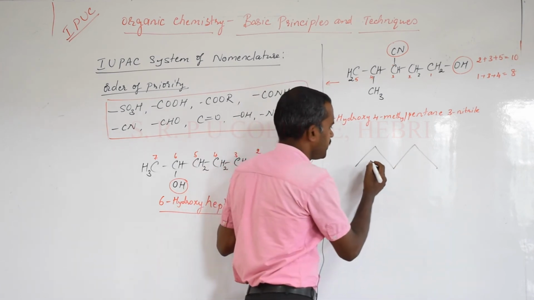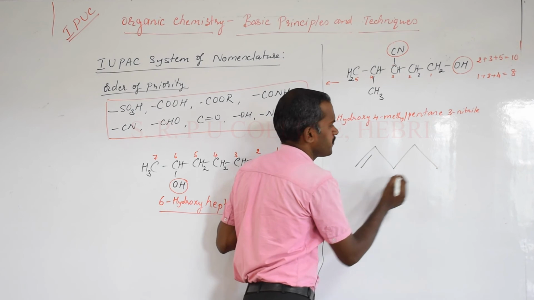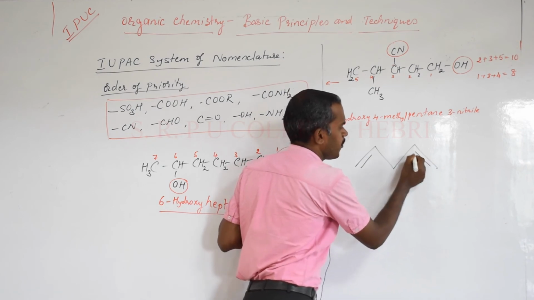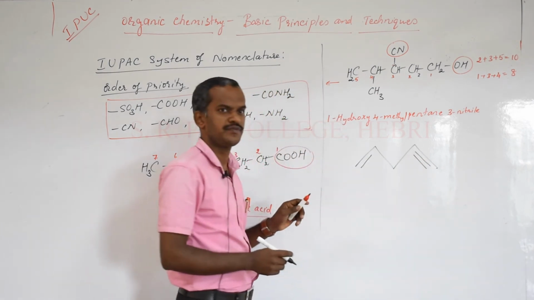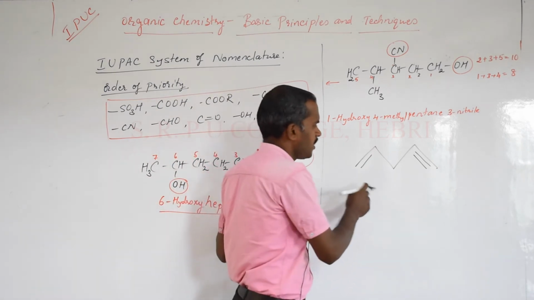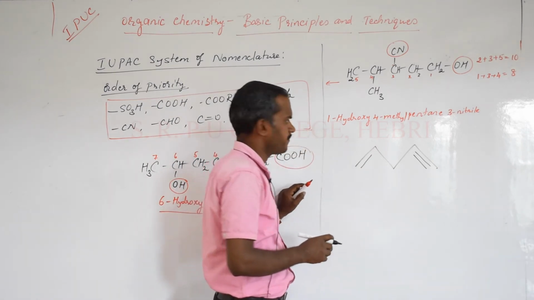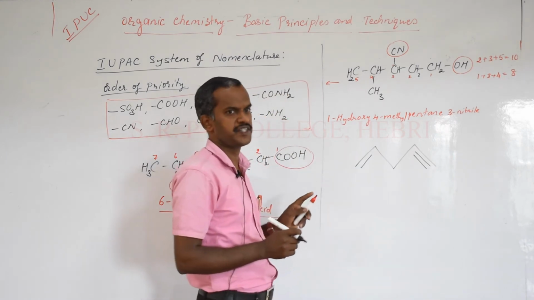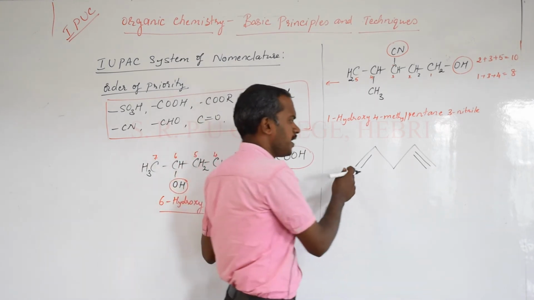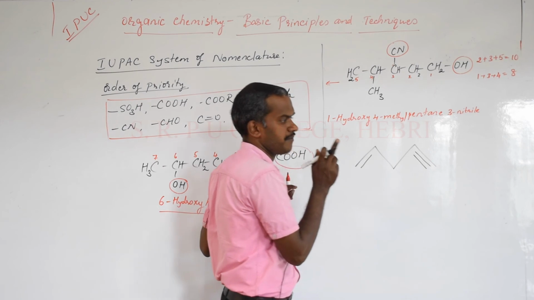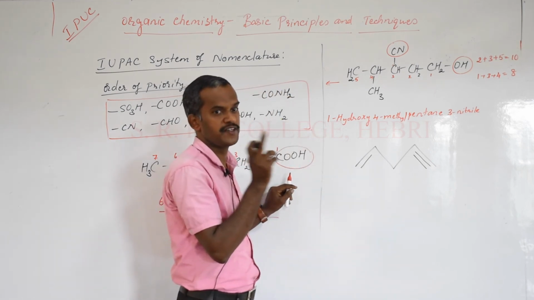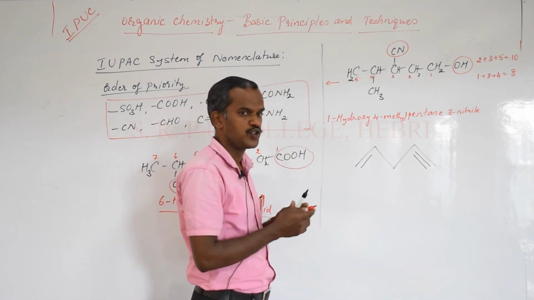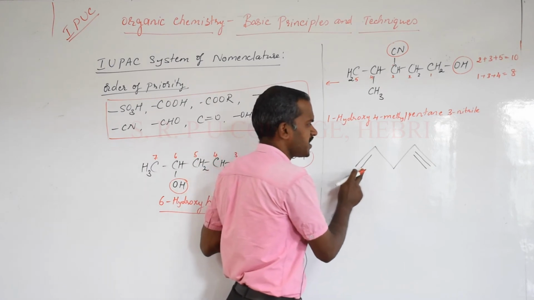I may give a double bond here and mention a triple bond here. Now you may think how to represent this structure. At the terminal positions only, two different bonds are present, and you can number it from left to right or right to left, but the order of priority goes first double bond and then triple bond. So there is a double bond at this end and a triple bond at this end.